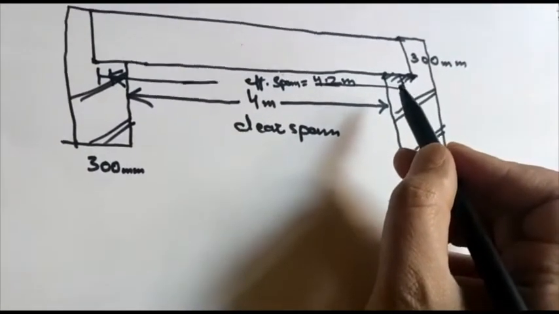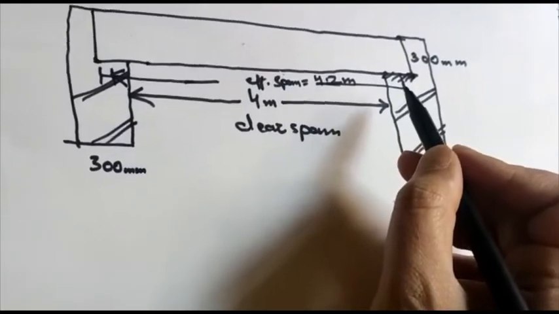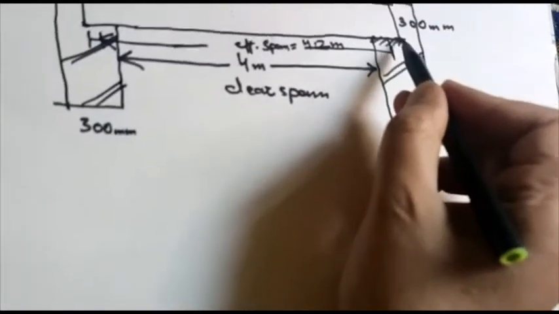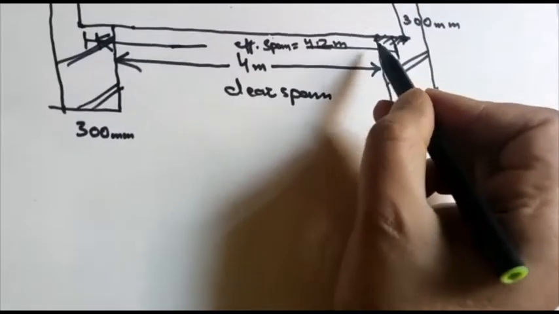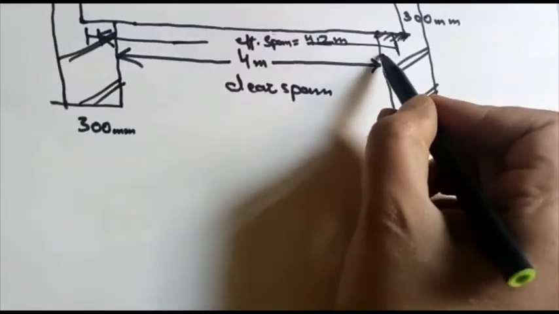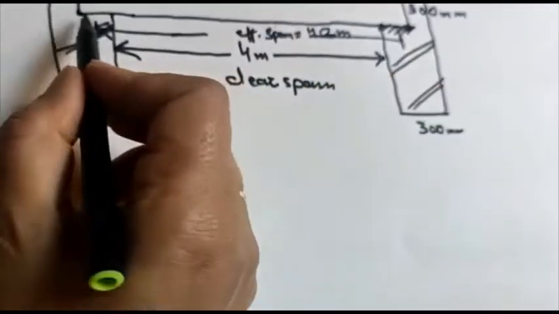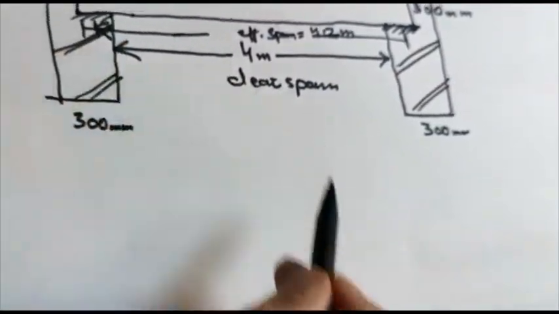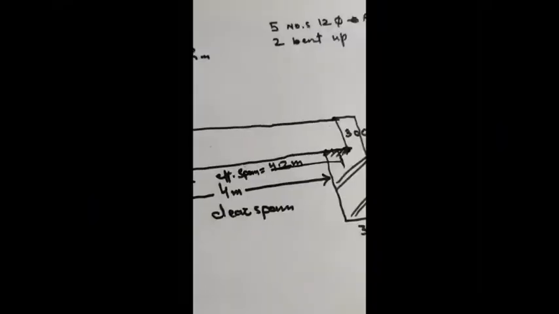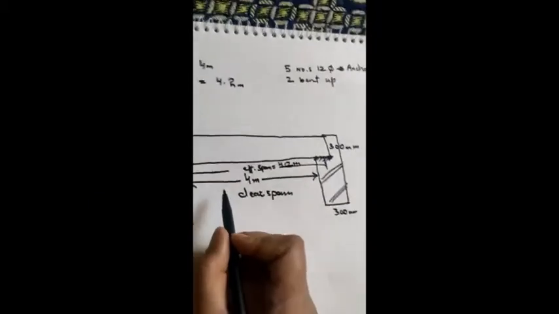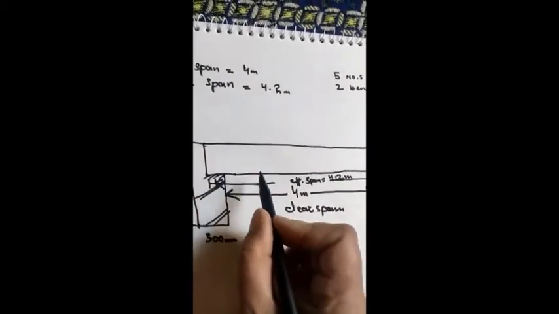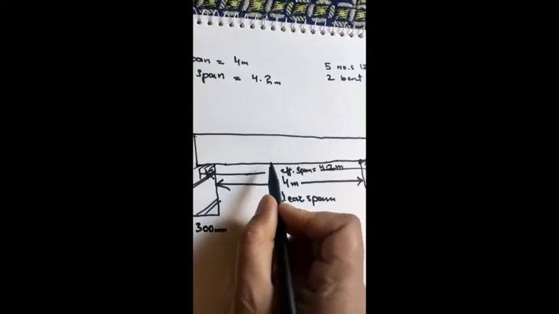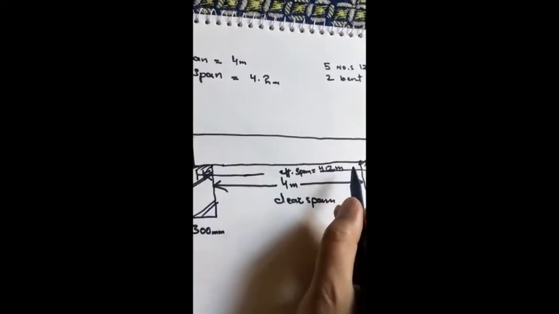Bearing is here, 230 mm. Now this is an RCC beam, reinforced cement concrete beam.